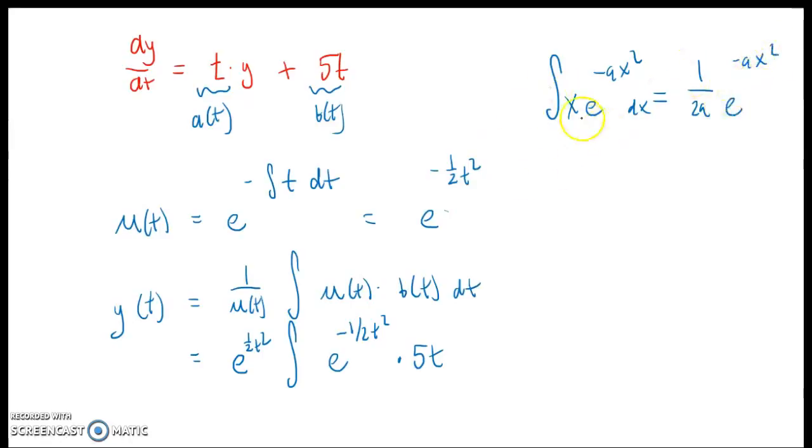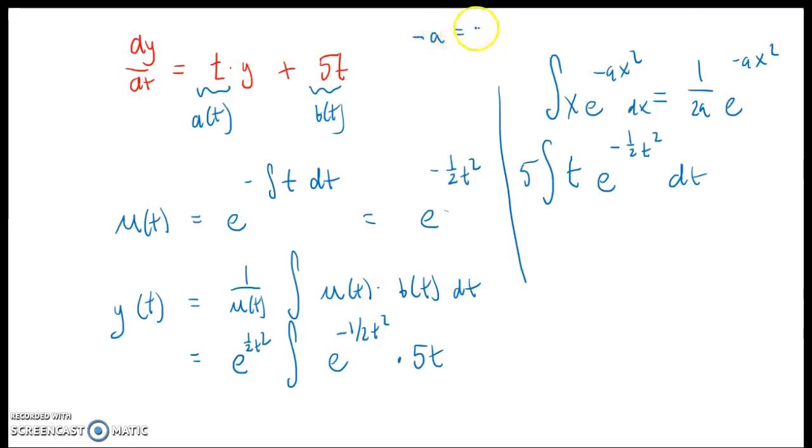In our case, we have t, and if I factor out that 5, I can write 5 times the integral of t e to the negative 1/2 t squared dt. Now I've got to be careful here because my negative a is equal to negative 1/2. In other words, the coefficient of the squared term is negative 1/2. So a is actually equal to positive 1/2.